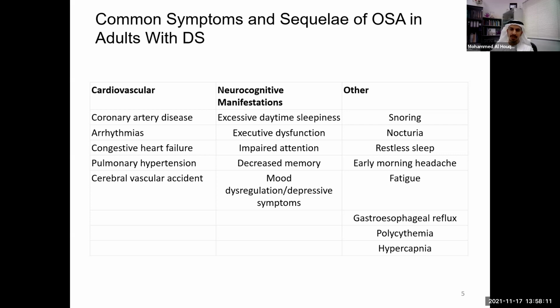They may also present with a high hemoglobin, which we call polycythemia, or hypercapnia, a very high CO2. Sometimes they present, unfortunately, late with the complications of obstructive sleep apnea, such as coronary artery disease, arrhythmia, heart failure, pulmonary hypertension, and cerebrovascular accidents. So these are the symptoms and sequelae in adults.